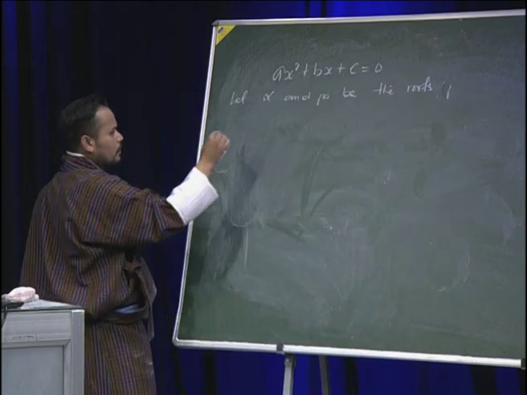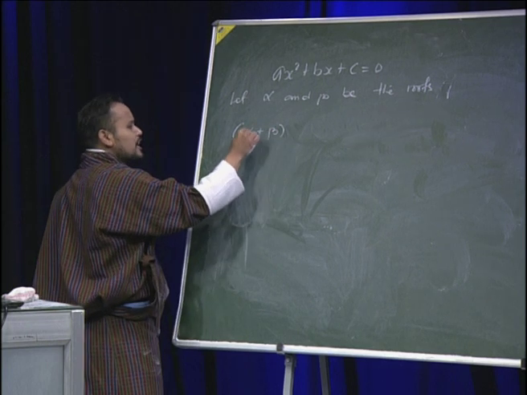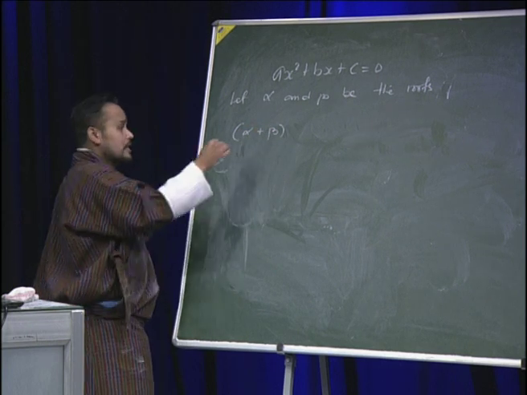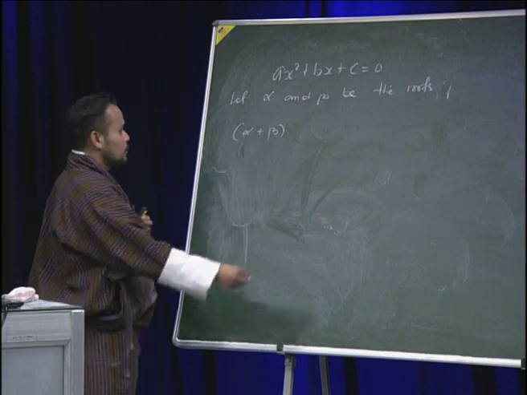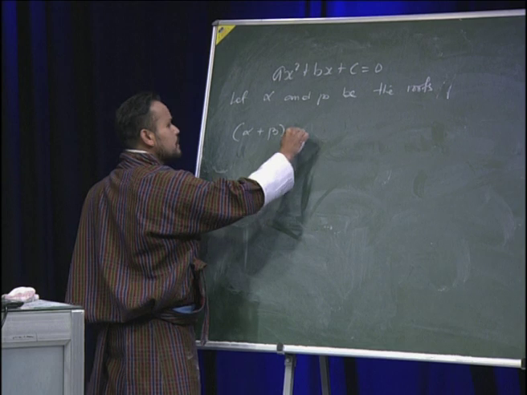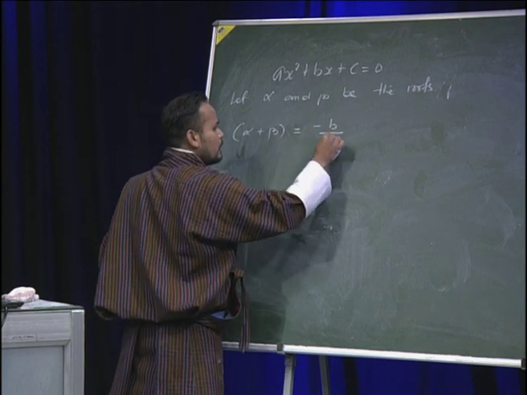Therefore, alpha plus beta, so I'm adding the two roots. This alpha plus beta is called the sum of roots. Alpha plus beta is given by the formula negative b over a.